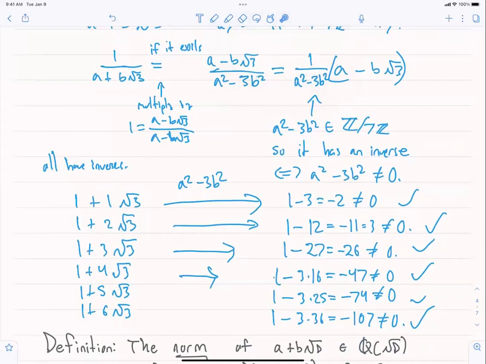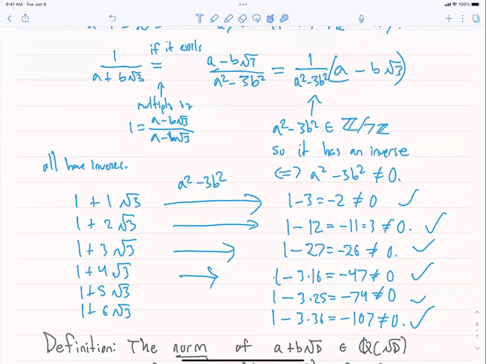So we multiply this by 1 over A plus B square root of 3 times A minus B square root of 3 over A minus B square root of 3. And the key thing was what you got in the denominator, this A squared minus 3B squared. So that's an important quantity.